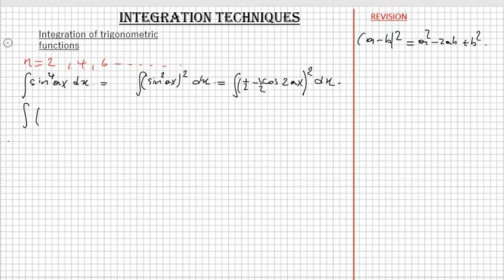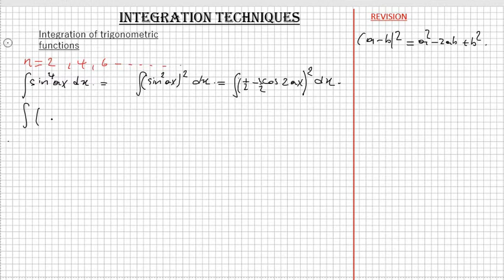This is an identity relation that is applied in factorization. We can also use the binomial theorem.